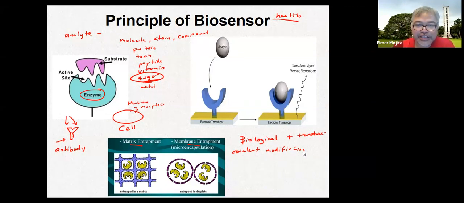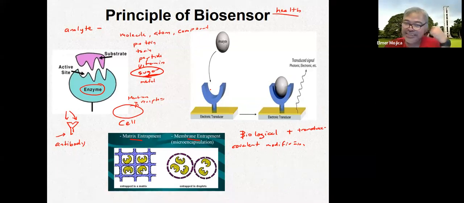Ano yung different ways na pwede mo i-entrap yung material mo? How are you able to fix, paano mo ma-didikit yung biological component doon sa transducer?